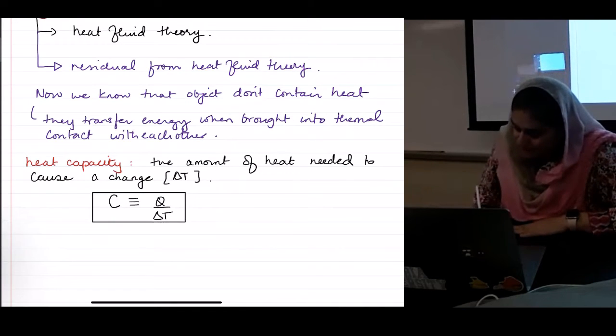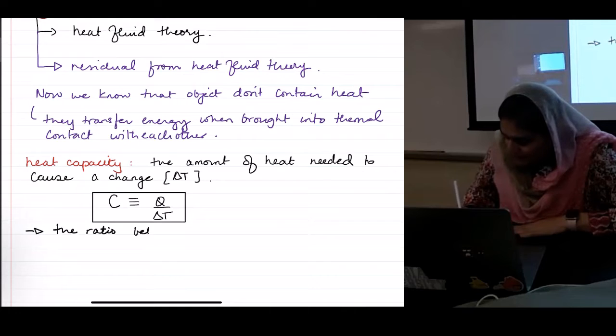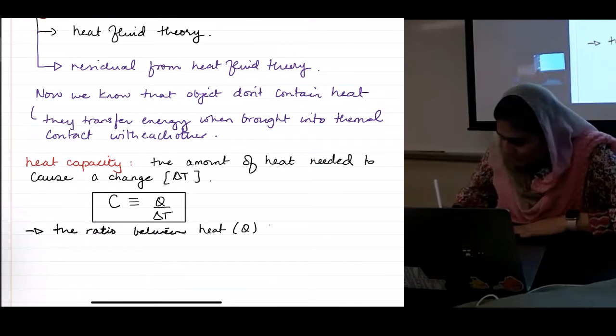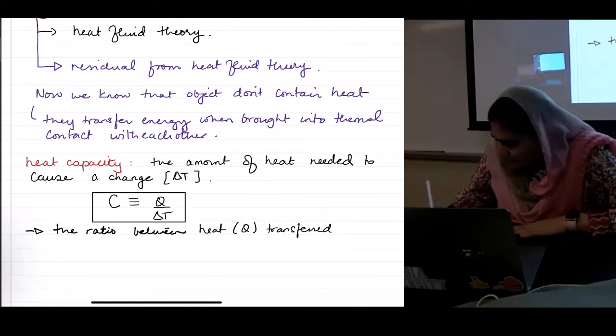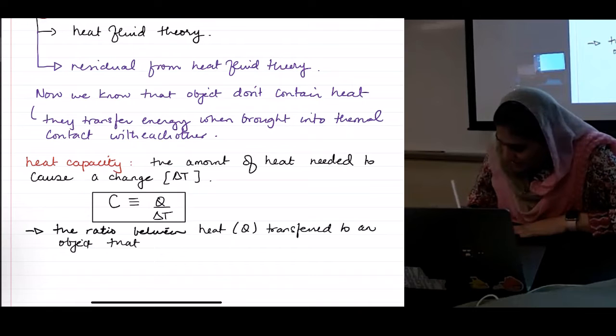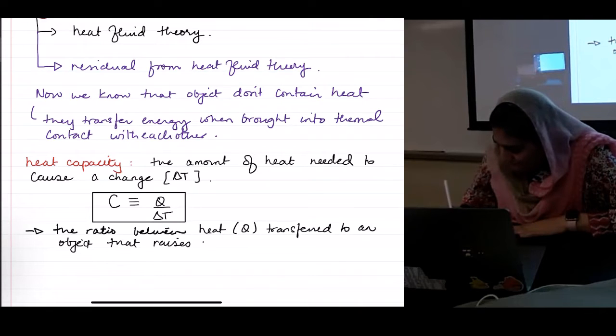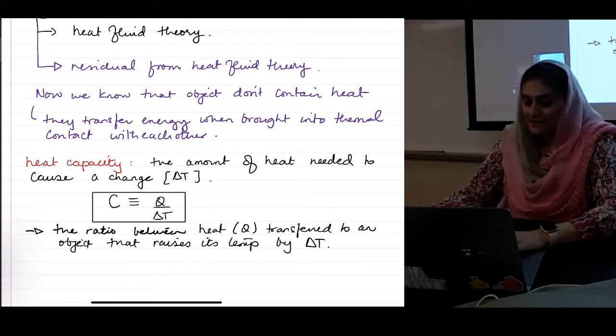So in words, it is the ratio between heat Q transferred to an object that raises its temperature by delta T. Note, I have not yet defined what delta T is.